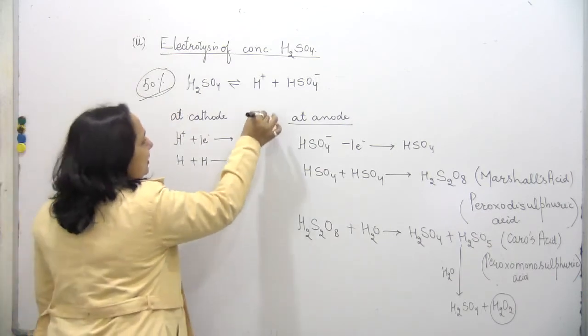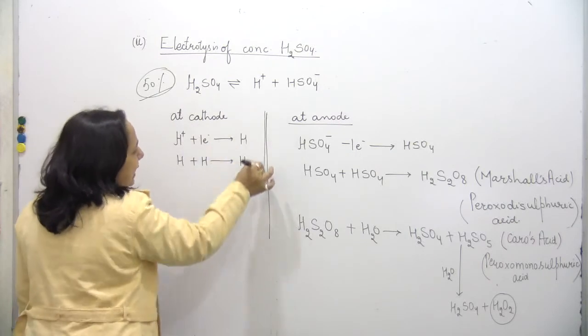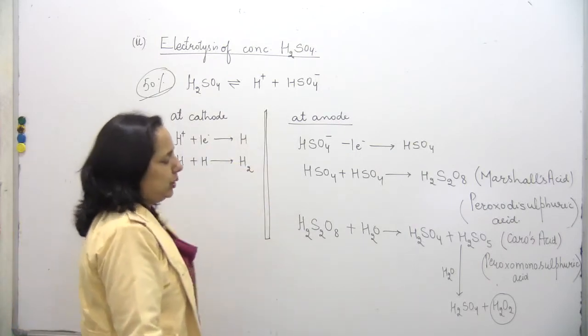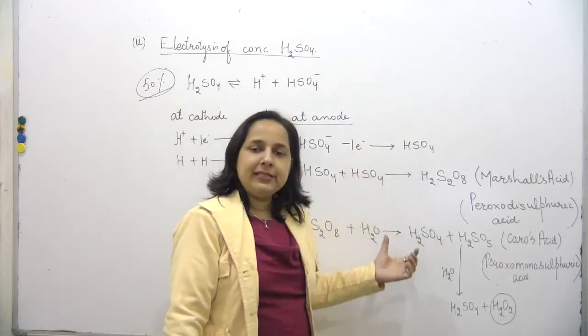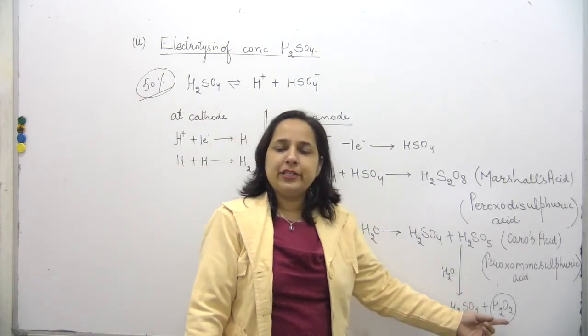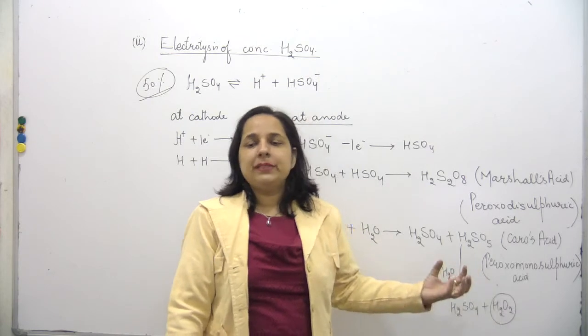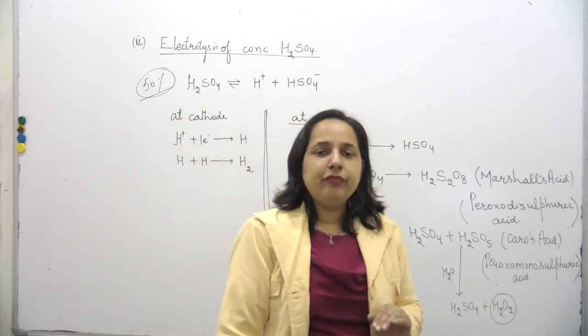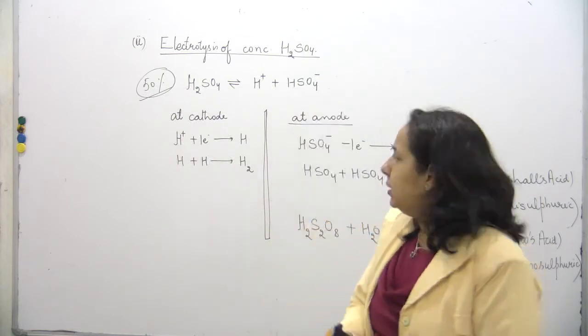Now this method has a limitation of sulfuric acid acting as a catalyst for decomposition of H2O2, because the presence of sulfuric acid can decompose this H2O2 at a very fast rate. The percentage of hydrogen peroxide formed is not going to be very large. Therefore, we have modified this method.